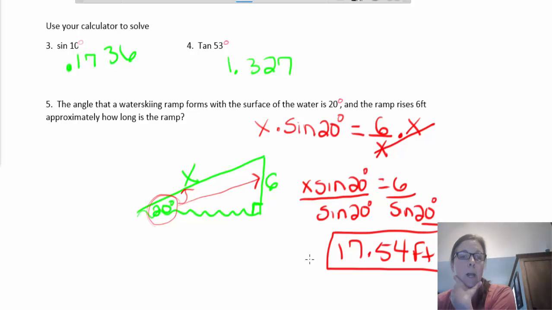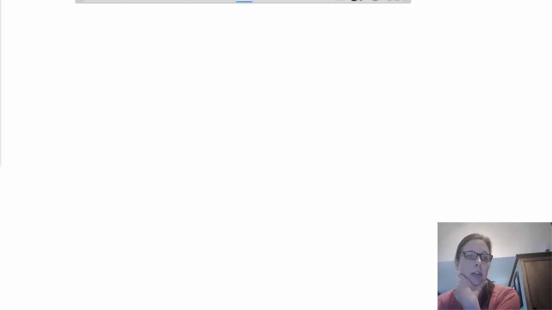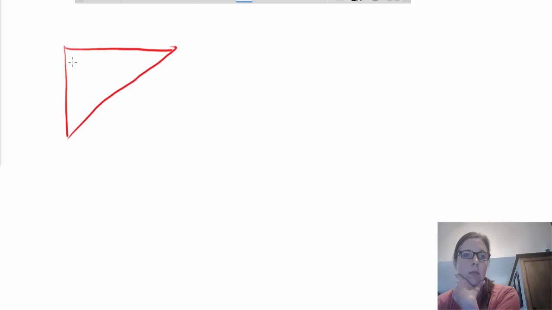Okay, so now what if, I'm going to try to just come up with one, because I think we need another example of that. So just add this to your notes. What if we had a triangle? Here's our right angle. And let's say this is 31 degrees. And we are given this to be 12.